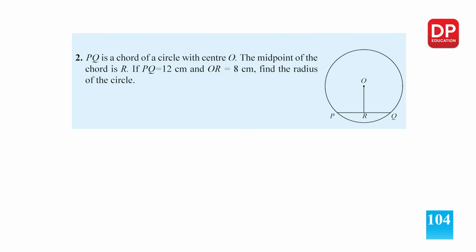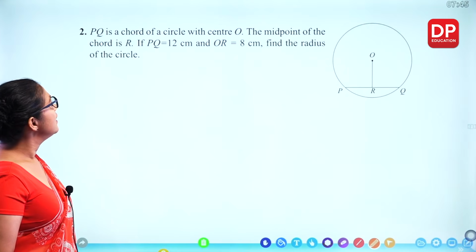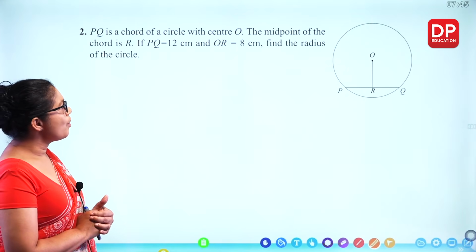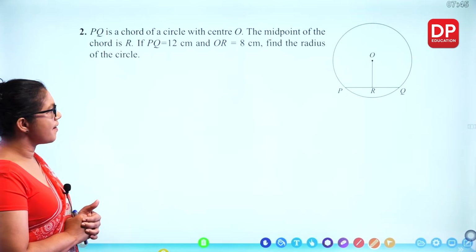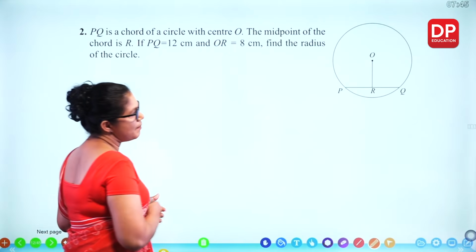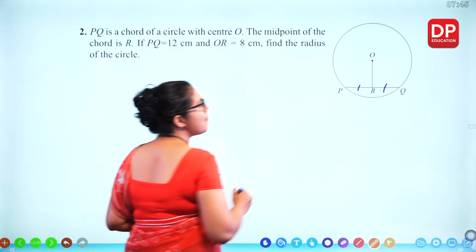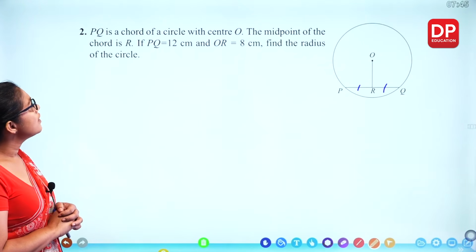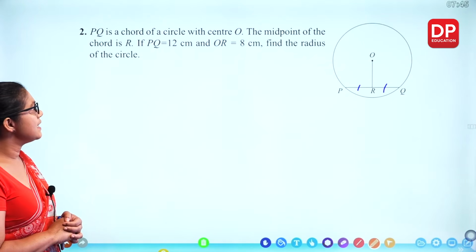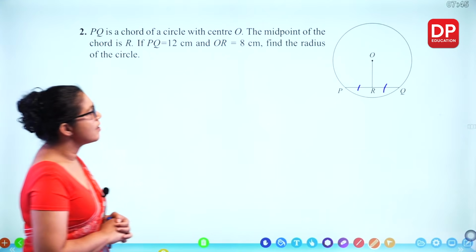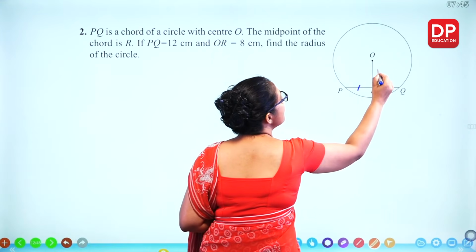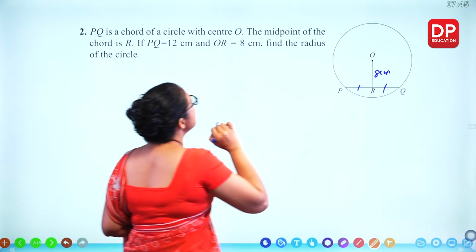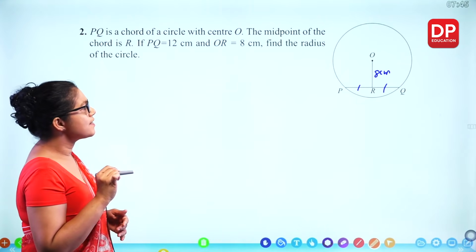Now it says PQ is a chord and the center is O. The midpoint of the chord is R. So if this is the midpoint, you can straight away mark that PR is equal to RQ. So the whole length is 12 centimeters and OR length is given as 8 centimeters. Find the radius of the circle.